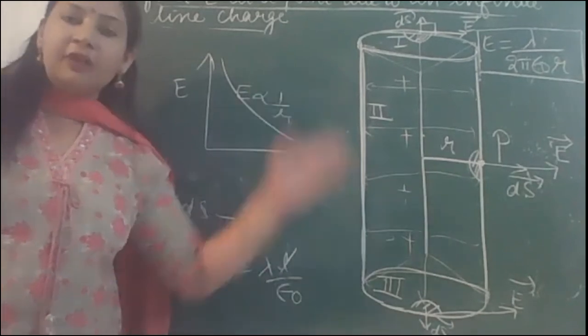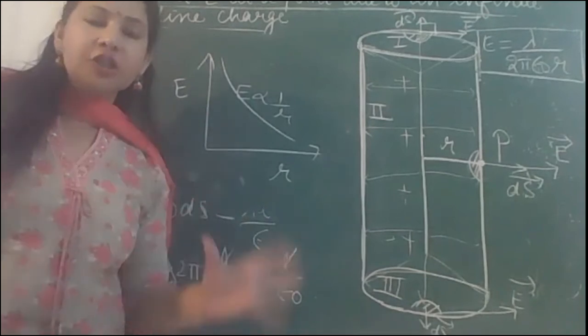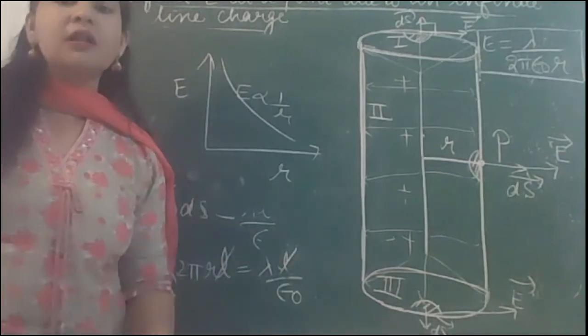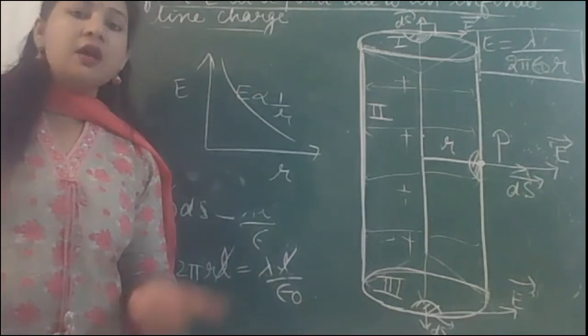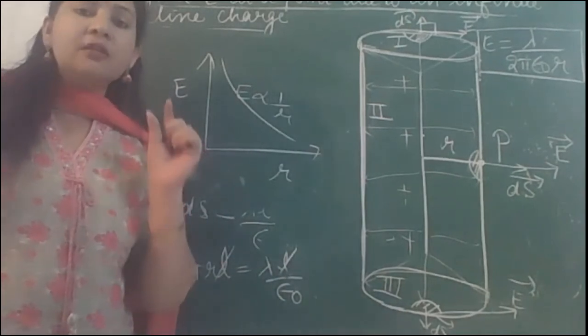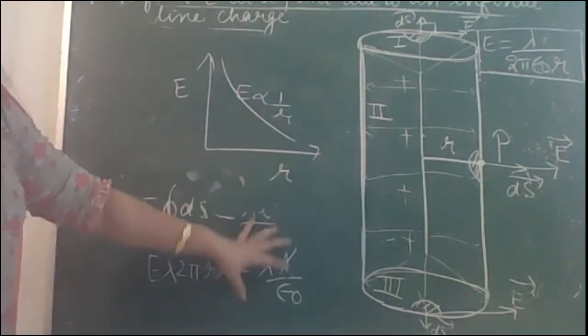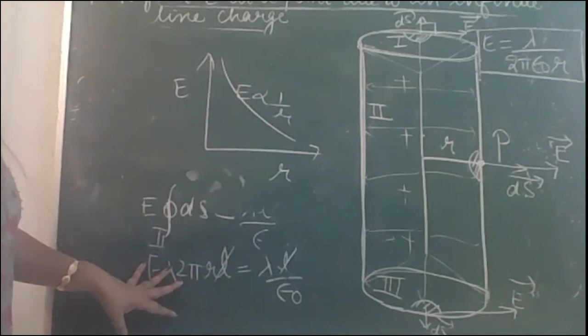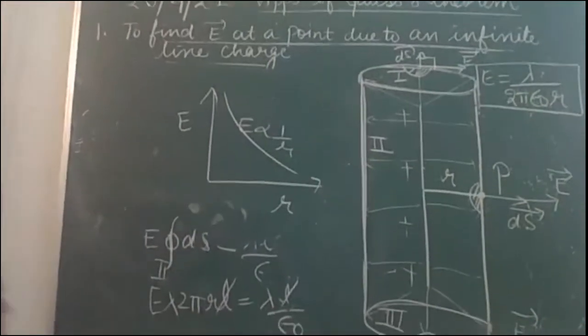So we have taken an infinite line charge. Now next we will take an infinite plane sheet of charge, a two-dimensional plane sheet of charge over which charge is uniformly distributed. So the first case is a thin sheet of charge we are taking. If there is no doubt, should I rub this? First application of Gauss's theorem: we did electric field intensity at a point due to an infinite line charge.